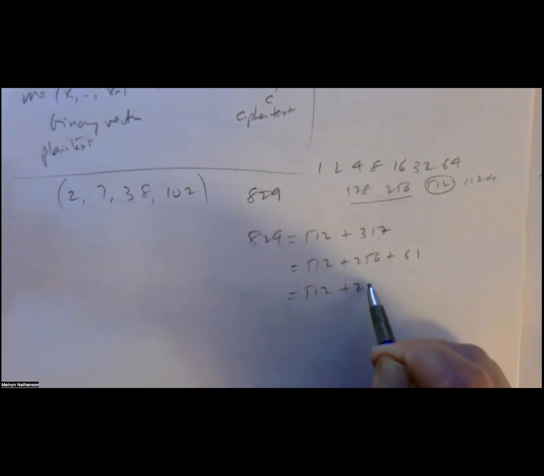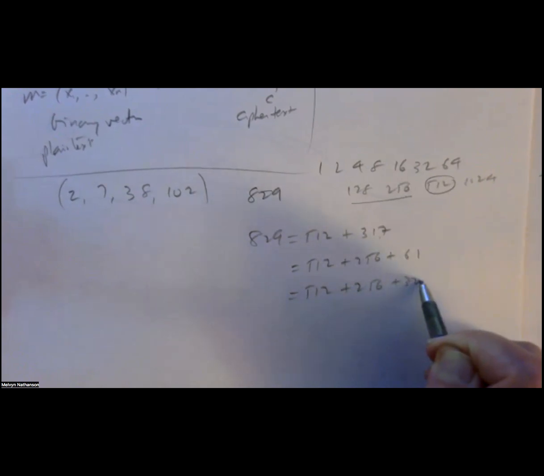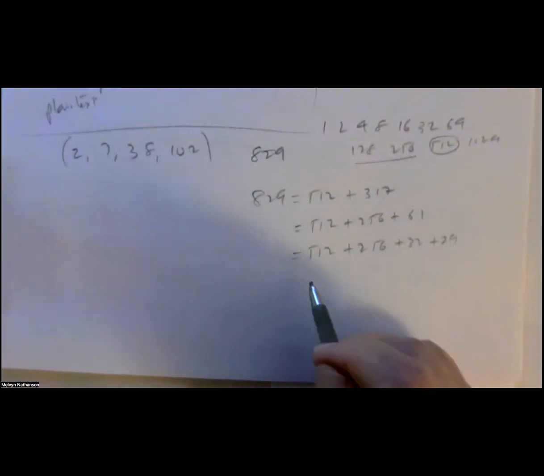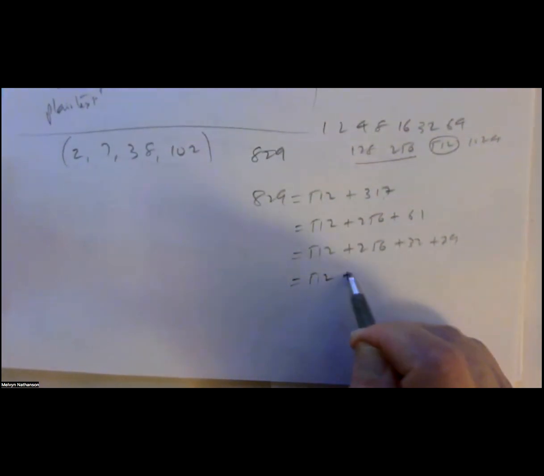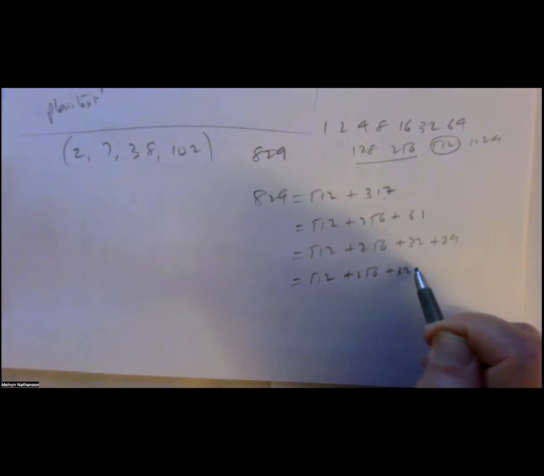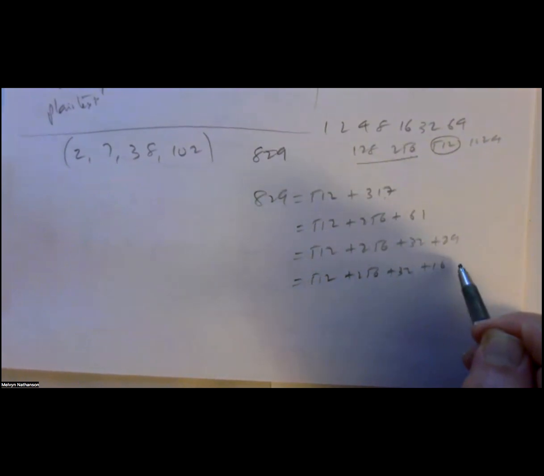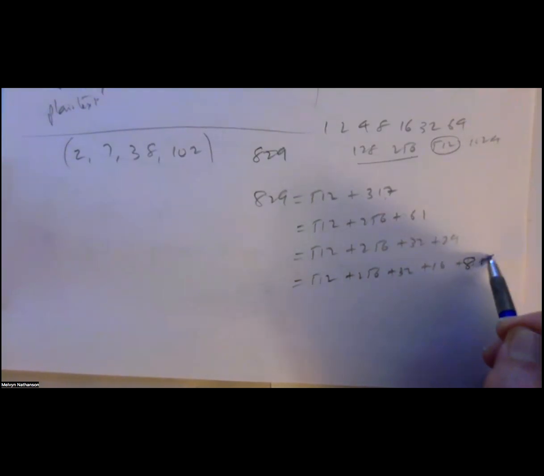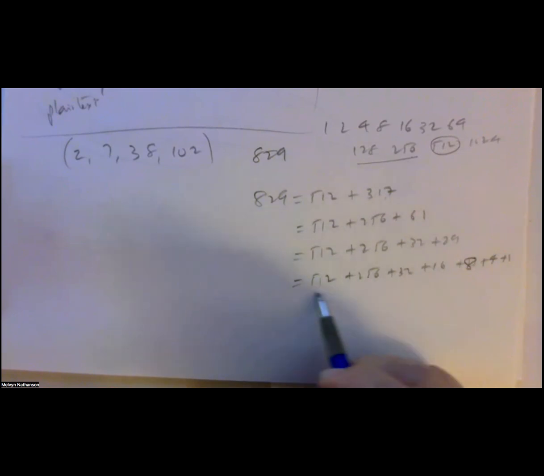This is 512 plus 256 plus 32 plus 29, which is 16 plus 13. 13 is 8 plus 4 plus 1.